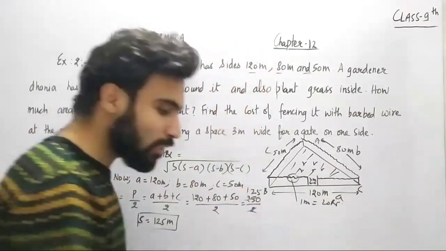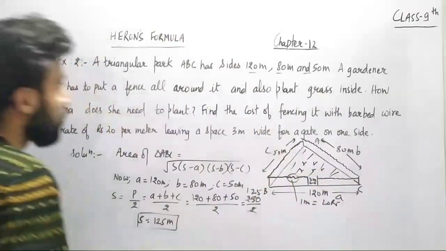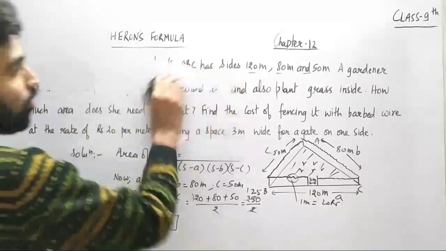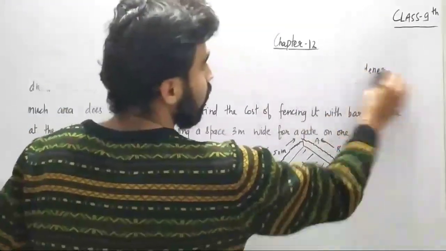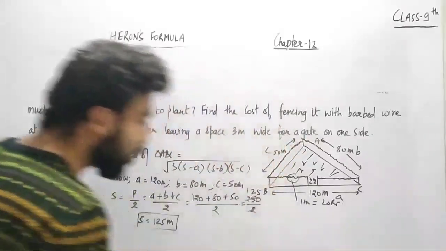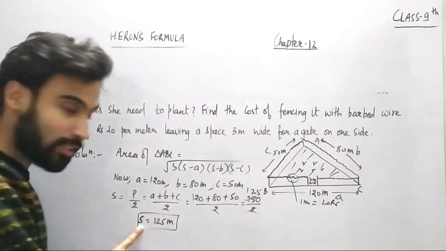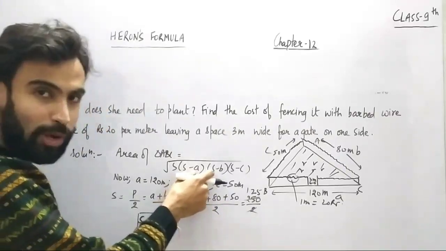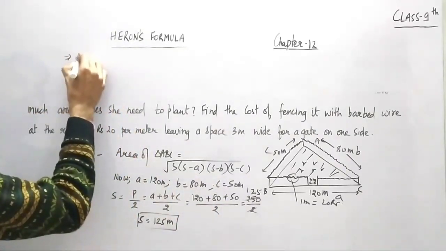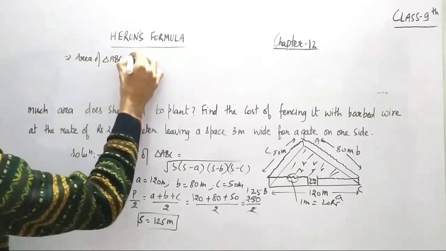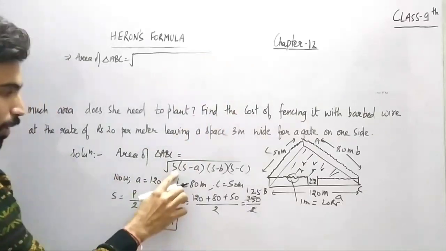Now further let me just make some space above. Now you can see we have got the value of S, A, B and C. So let me just substitute it in this formula. So this implies the area of triangle ABC is going to be, you can see in the under root, what is the value of S?